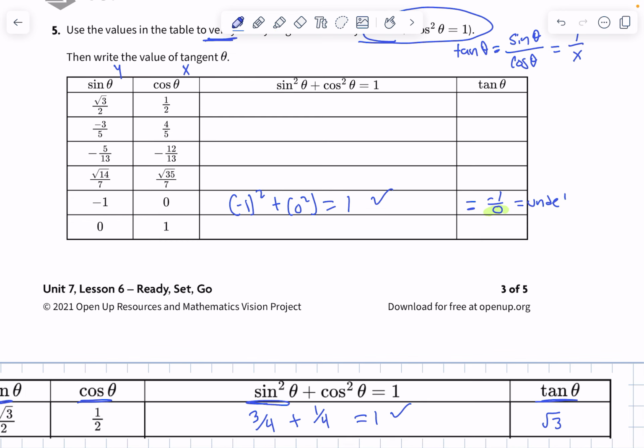It's undefined because we cannot divide by 0. So tangent at 0, -1 is undefined. Here we get 0 squared plus 1 squared equals 1, a true statement. And then we're left with, sorry, 0 over 1 now, which is equal to 0. All right, so that is allowed.